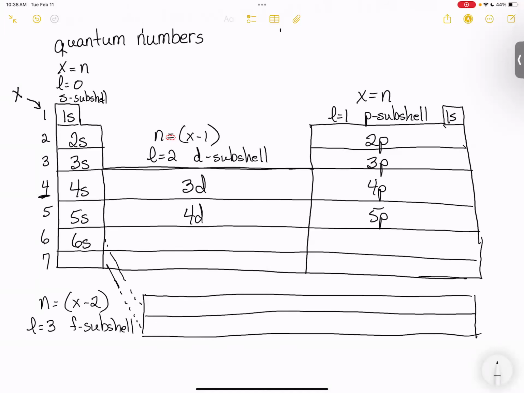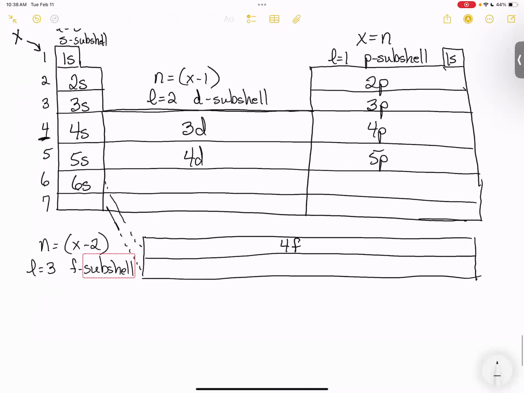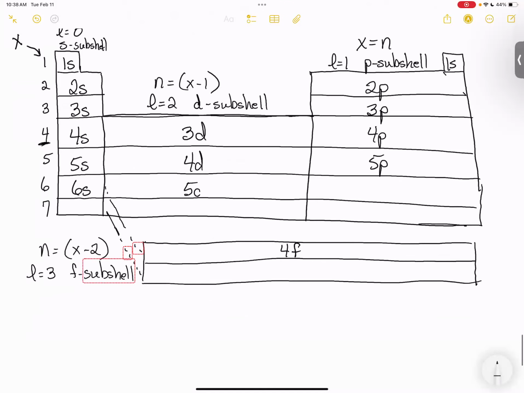So 6 minus 2 is 4. So these are called the 4Fs. Then we come back to the 5D, 6P, 7S. Then we get to the 5F, 6D, and 7P.